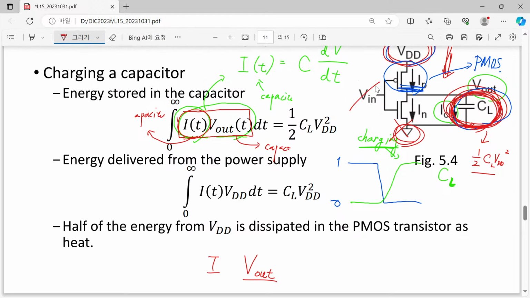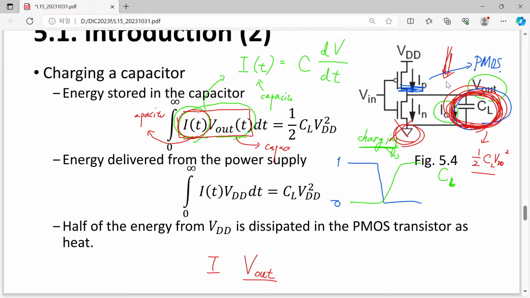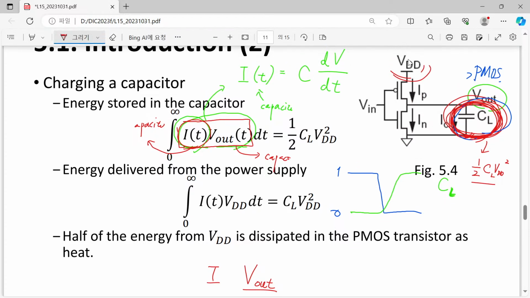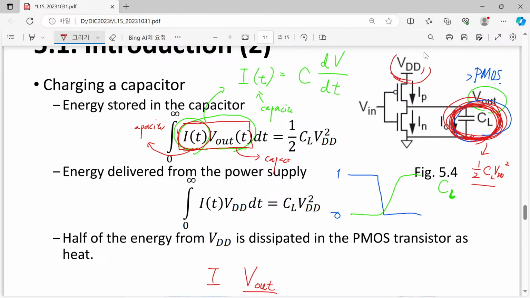However, right now we are considering the total amount of energy spent by our VDD node. So the voltage is no longer V out, but we must now consider VDD. Okay, this is the voltage.